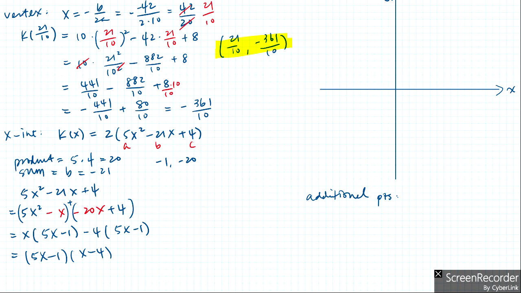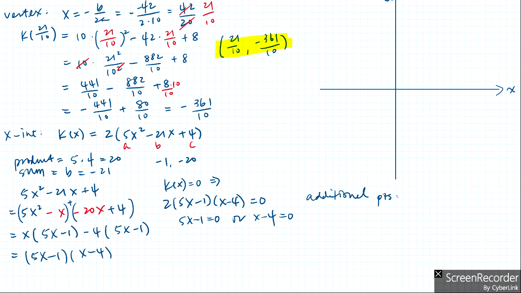And now if we want to set k of x equal to 0, that's really the same as saying that 2 times 5x minus 1, x minus 4, is equal to 0. Using the zero product principle, there are three factors here. 2 cannot be 0, 5x minus 1 could be 0, or x minus 4 could be 0.